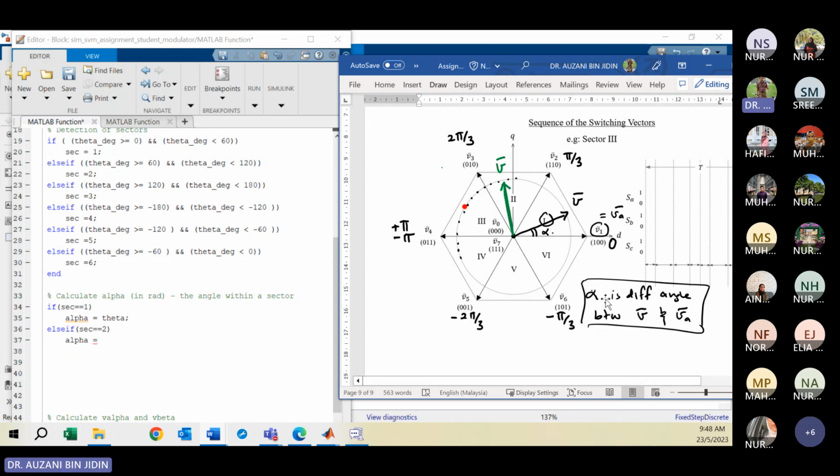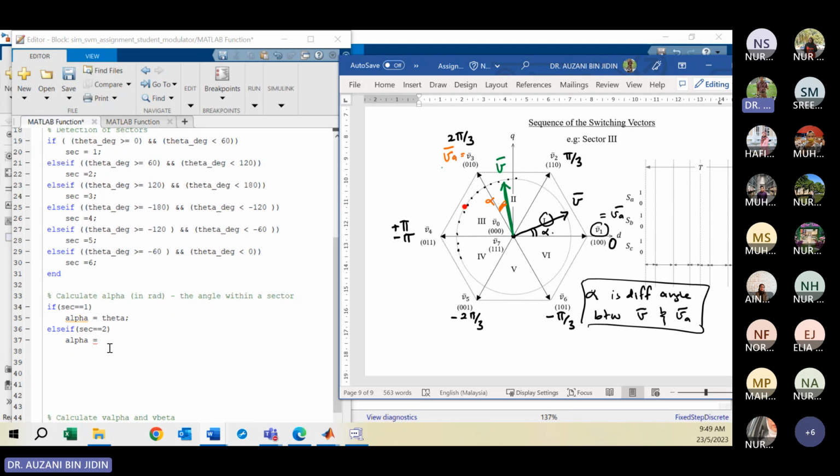Sorry, erase. So V3, right? VA is V3, so your angle will be the difference between the reference vector V and V3. This is your alpha.